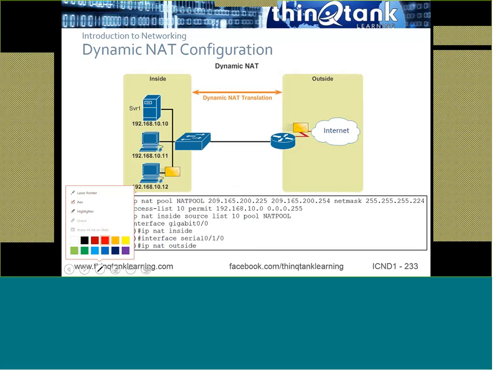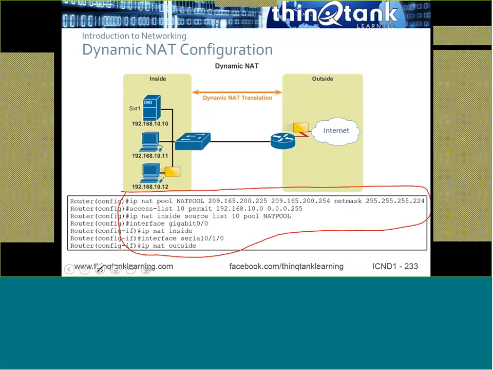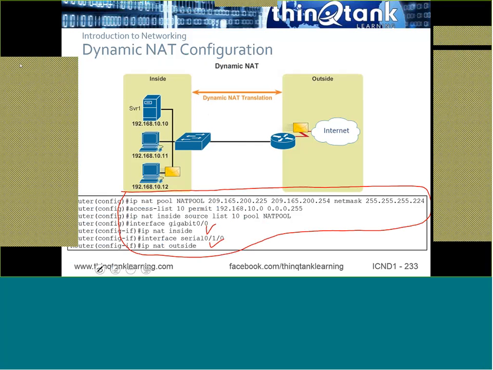All right, here's the entire configuration. As you can see on the interfaces, we're still doing our NAT inside and our NAT outside. We're still identifying where the translation takes place. Not who, but where the translation takes place. Okay?